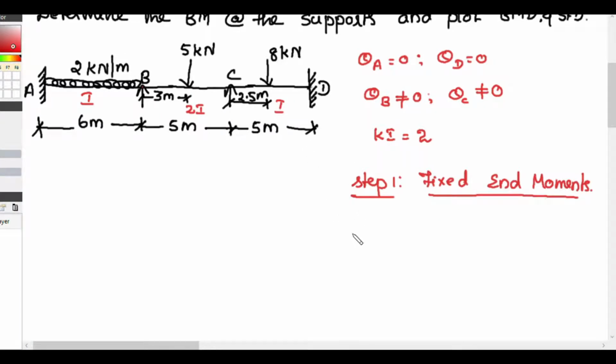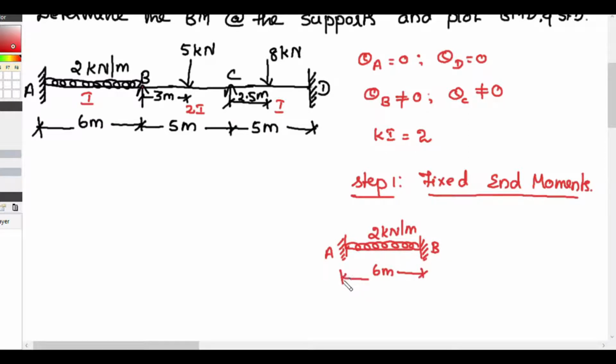So first of all, we will take the span AB. So for the span AB, this is A, B and we have a 2 kilonewton per meter and the span length is 6 meter.